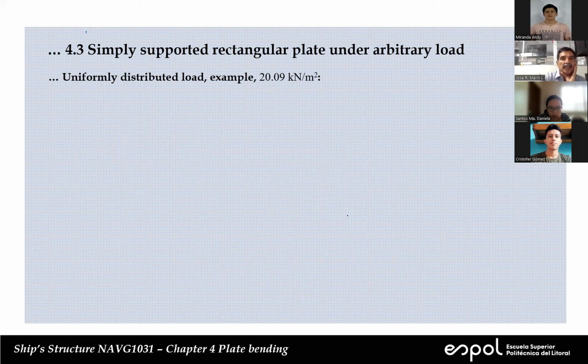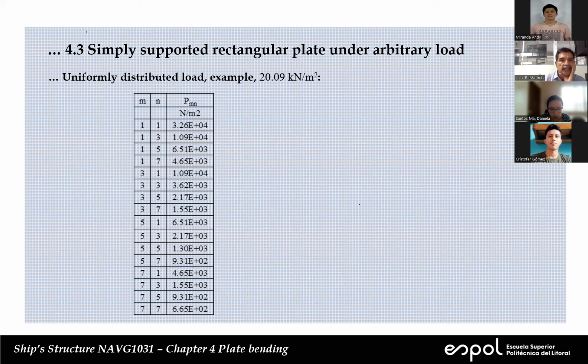Okay, for example, in this case, this is something that you have in your class notes. I expanded PMN, and this is the result. So remember, both terms need to be odd integers. So we go, for example, up to 7.